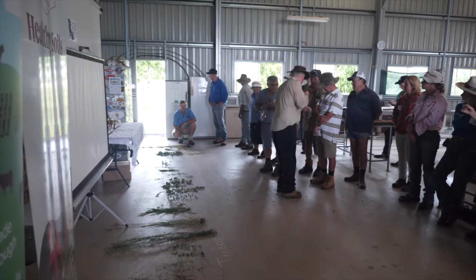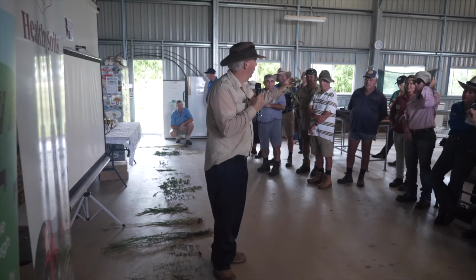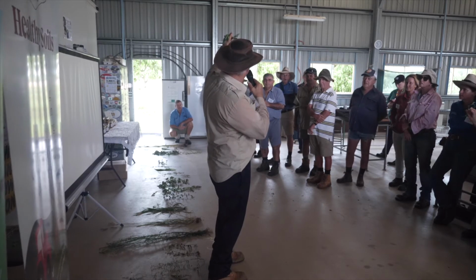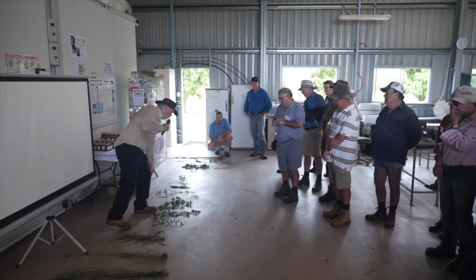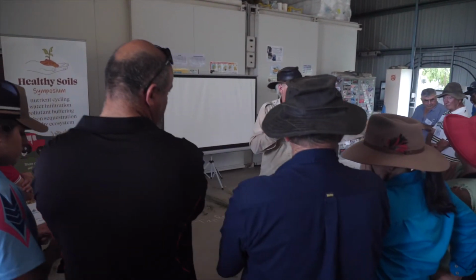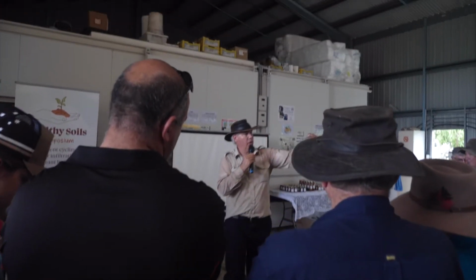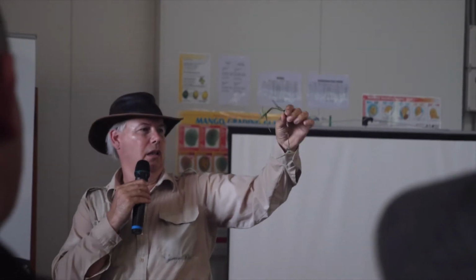I'll grab that one. This one's a legume. Tends to be a fairly high fertility one, I'm assuming. Who haven't we got? This one's got a little bluey purple flower to it. Any ideas?